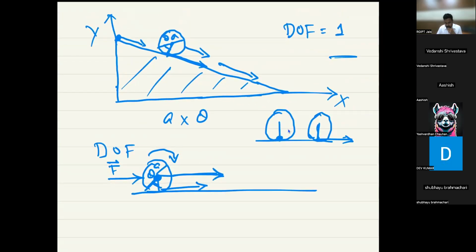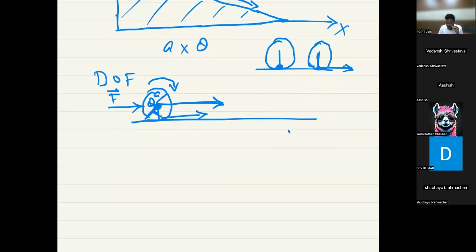Sir, if it is slipping, then the angle should be related to the distance. No, if it is slipping, it doesn't need to be related, and there need not be any angle movement. It can also rotate. So I'm saying there are 2 movements.